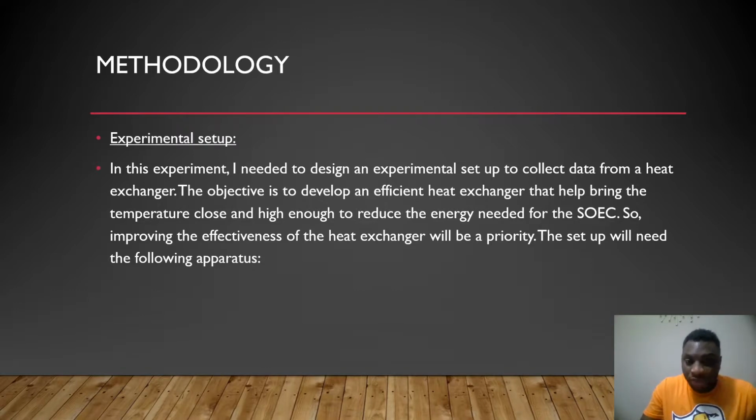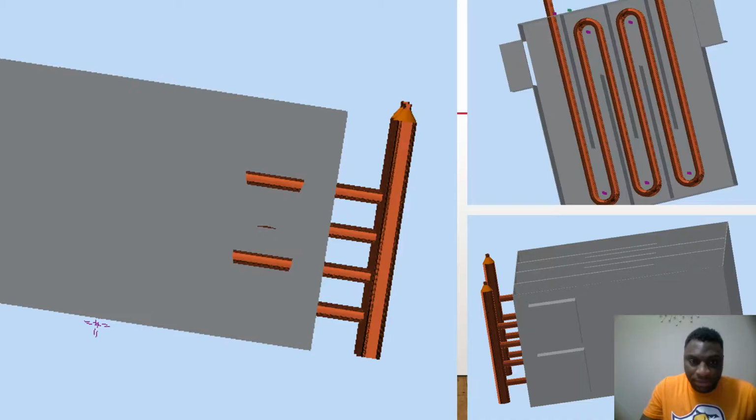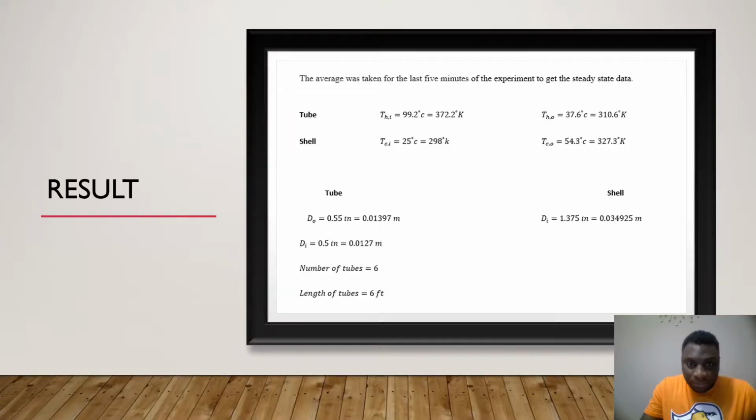So improving the effectiveness of the heat exchanger will be a priority in my experiment, and the setup will be as follows. This apparatus, as you can see: these are the shell, these are the tubes, and then the shell from this apparatus that I designed.